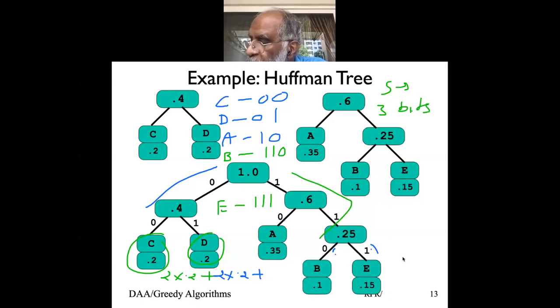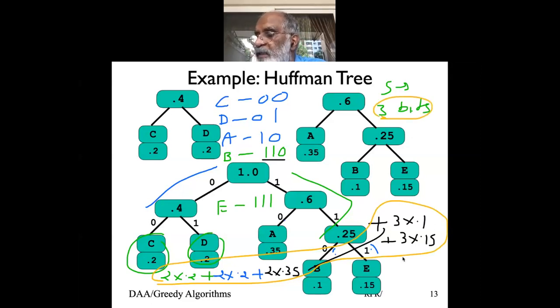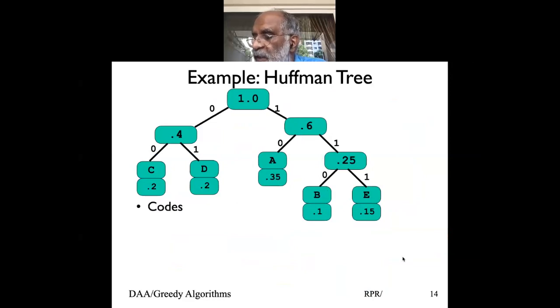So 2 into 0.35 plus B, length of B is 3, probability of B is 0.1. So 3 into 0.1 plus length of E is again 3, probability 0.15, and whatever value this comes to is the average encoding length, and this is going to be less than 3. And this is what we'll basically get.